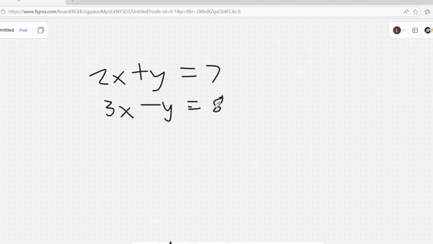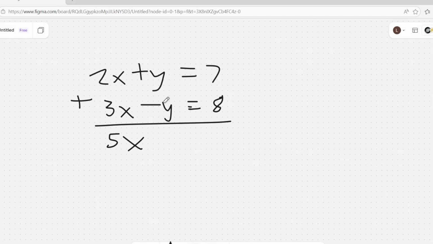On the steps, we already aligned all the terms of the first and second equations. So what we can do is either add or subtract. For us to eliminate a variable, we can try to add all the terms. So 2x plus 3x is 5x.